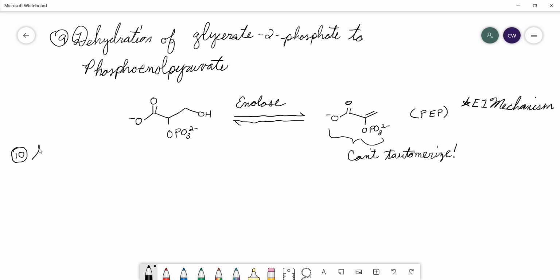The 10th reaction is the synthesis of pyruvate. So we're going to convert PEP to pyruvate. So we have our PEP.